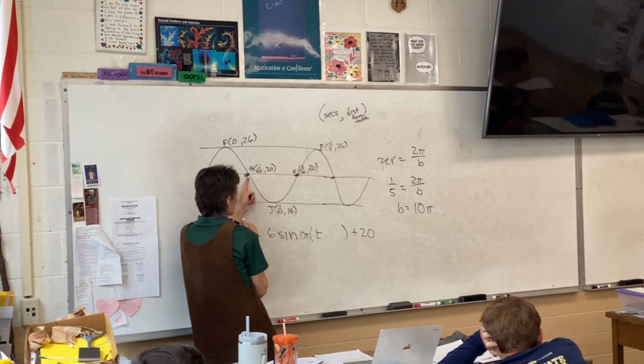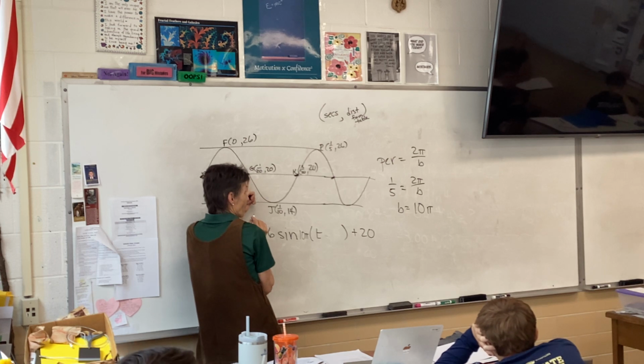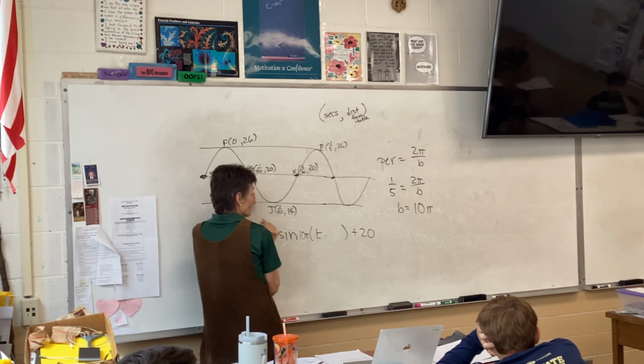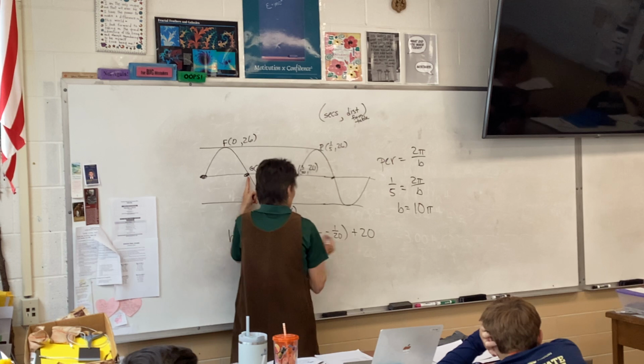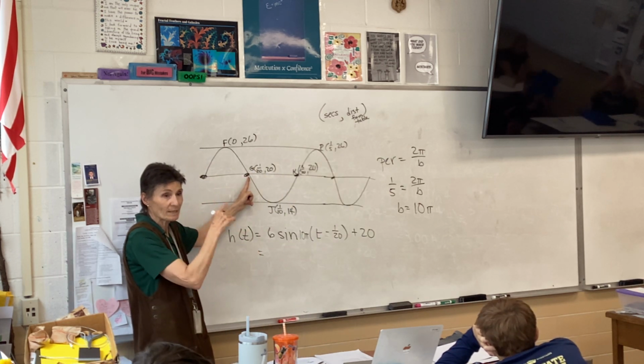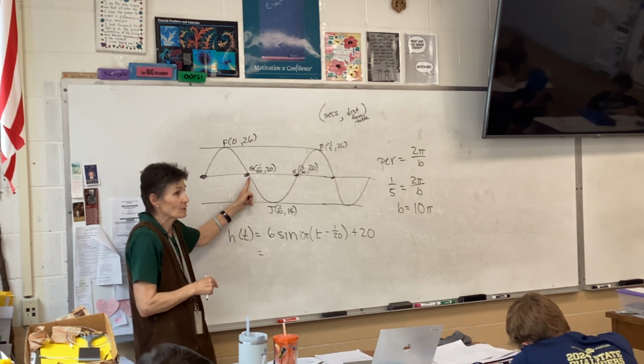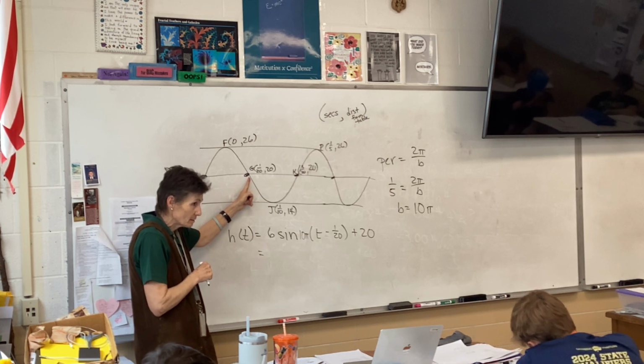Plus 1/20. I think it's minus 1/20. But you just make the amplitude negative. Okay, it's going to be minus 1/20th, because what does putting in minus 1/20th do? Shift you to the right, which is exactly what we did.